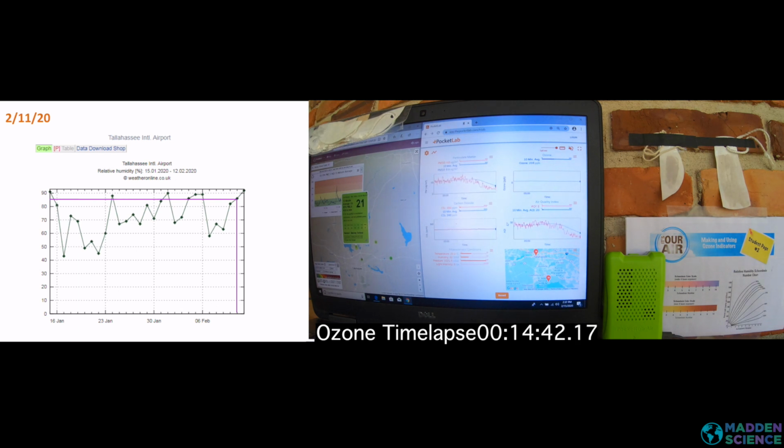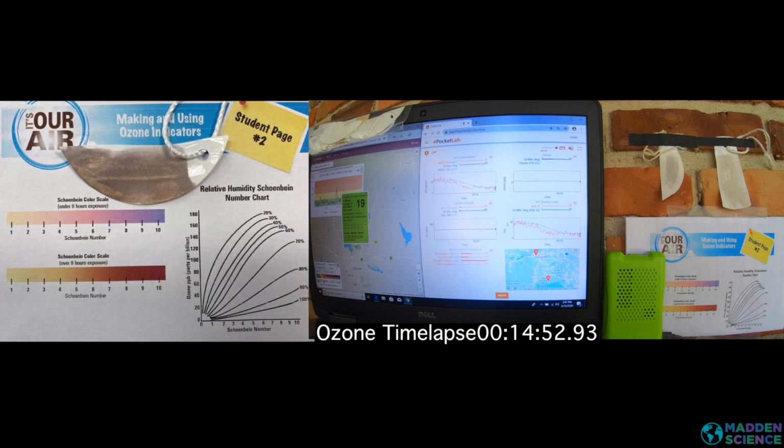So if we jump back over, what does that mean? Our Scheuben number was a 9, and our relative humidity was at 85. So we'll round to 90. So I'm going to go ahead with this right here.